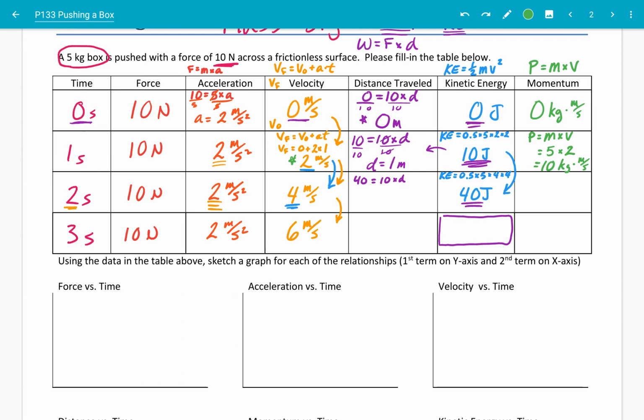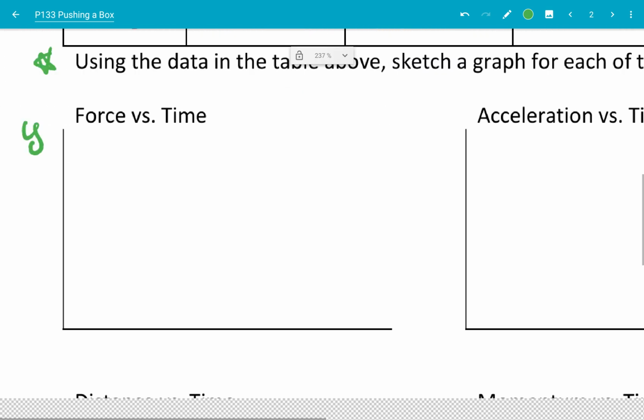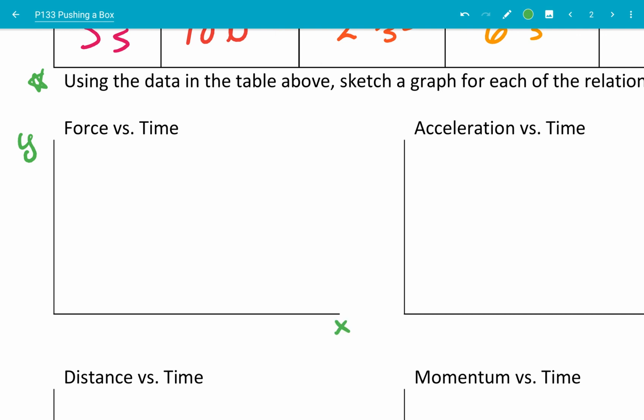So using the numbers in our data table, it says in the instructions right here that we're going to sketch a graph using the first term on the y-axis and the second term on the x-axis. So remember, the vertical axis is y, and our horizontal axis, that's x. Okay, that means that force is going here, and time is going here.